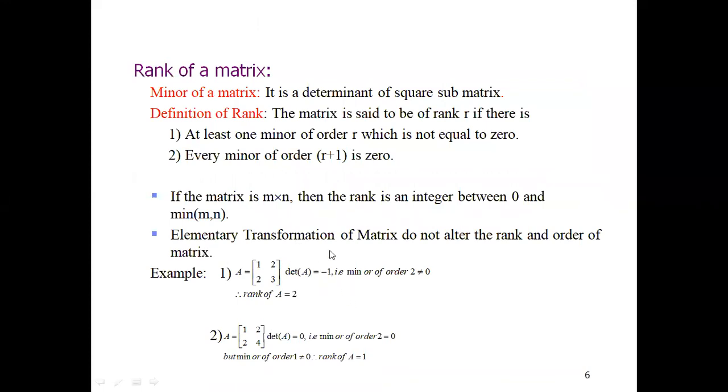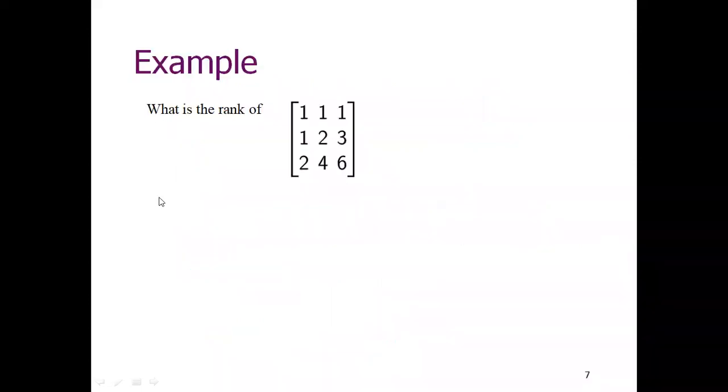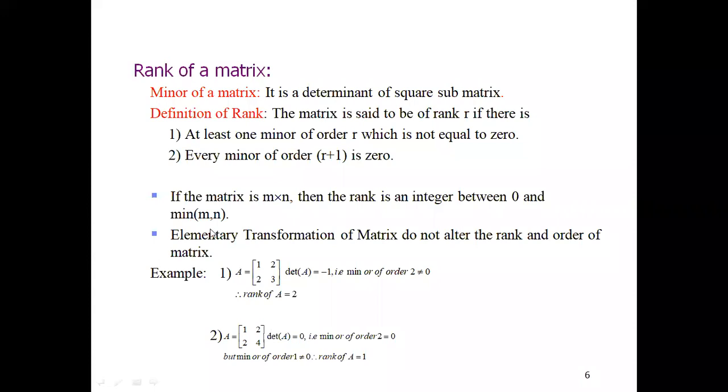Elementary transformation of a matrix does not alter the rank and order of the matrix. This is very important. Once you do any elementary operations on a matrix, the rank won't change. The rank remains the same if you apply elementary operations. You know those elementary operations.